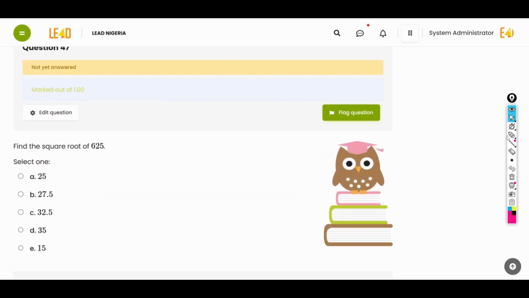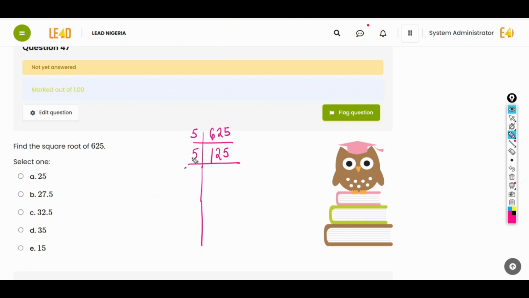47 says find the square root of 625. So we'll walk through the process. 625, 5 can divide that. 5 into 625 will give you 125.